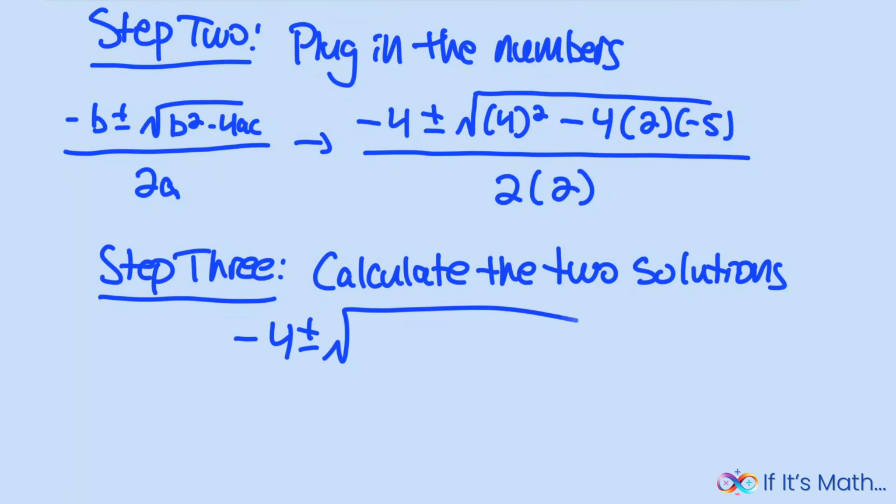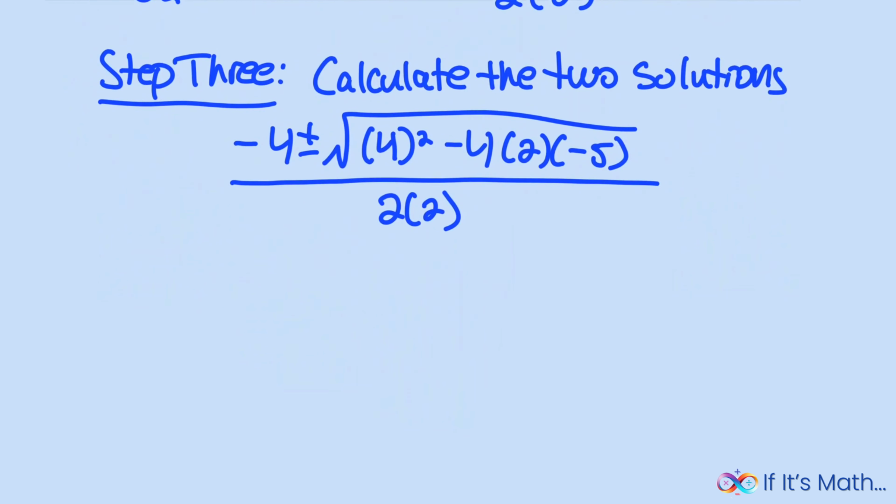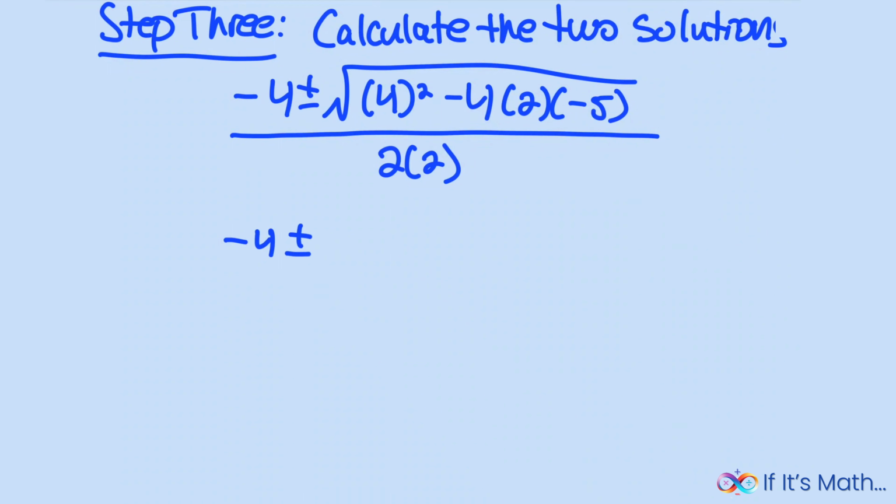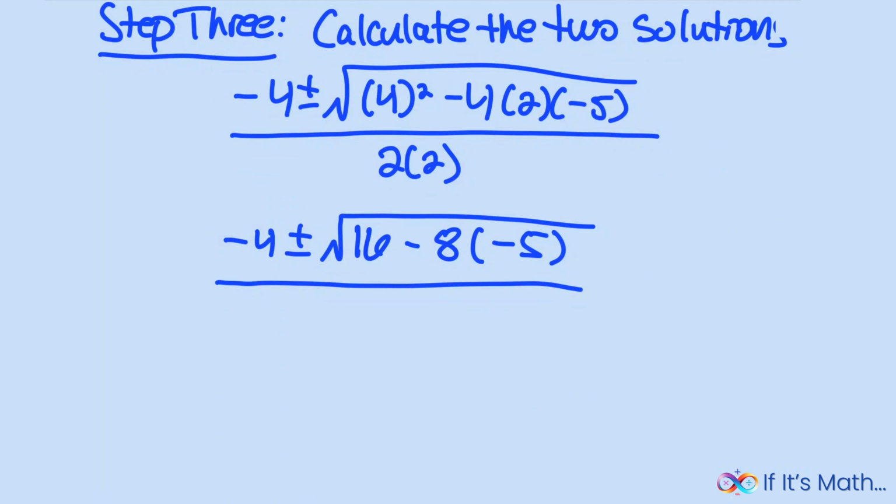So we'll get negative 4 plus and minus the square root of 4 squared minus 4 times 2 times negative 5, all over 2 times 2. So let's start reducing this. We'll get negative 4 plus and minus the square root of 16 minus 8 times negative 5, all over 4.